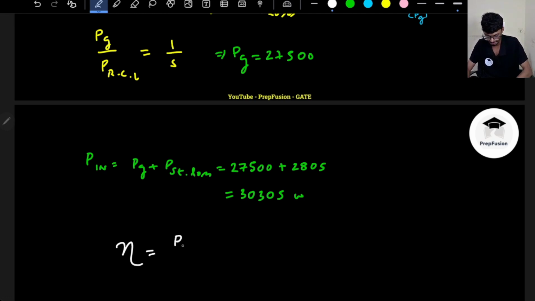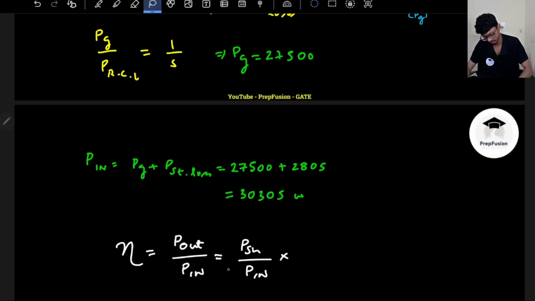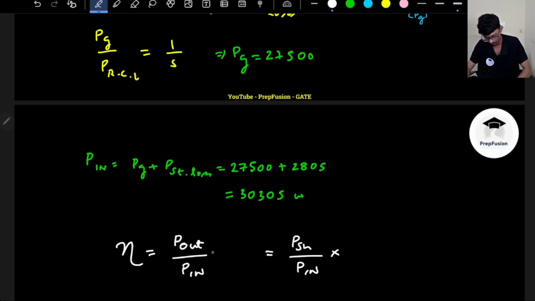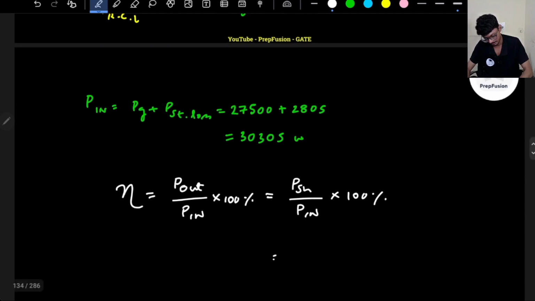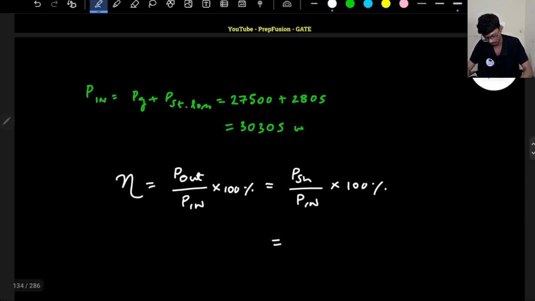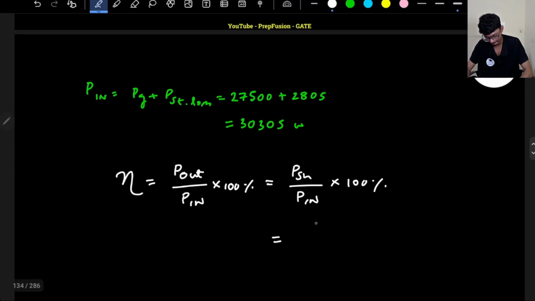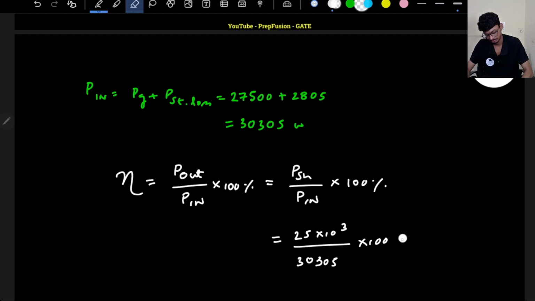So efficiency will be what? Efficiency will be simply P out over P in. So P out is basically P shaft over P in into 100 in percentage. P shaft is basically the output power, that is 25 kilowatts, 25 into 10 cube, and the input power we have just calculated, it is 30,305, into 100 percentage.